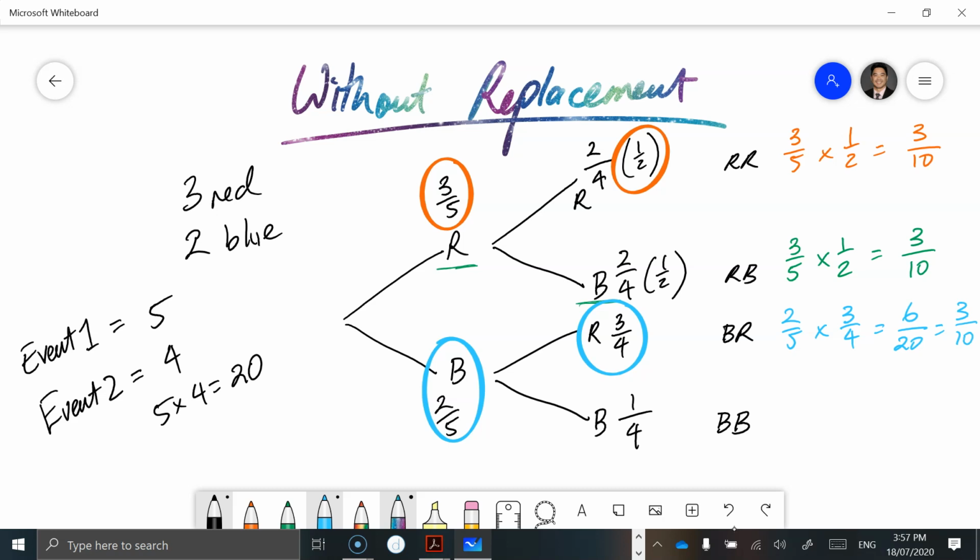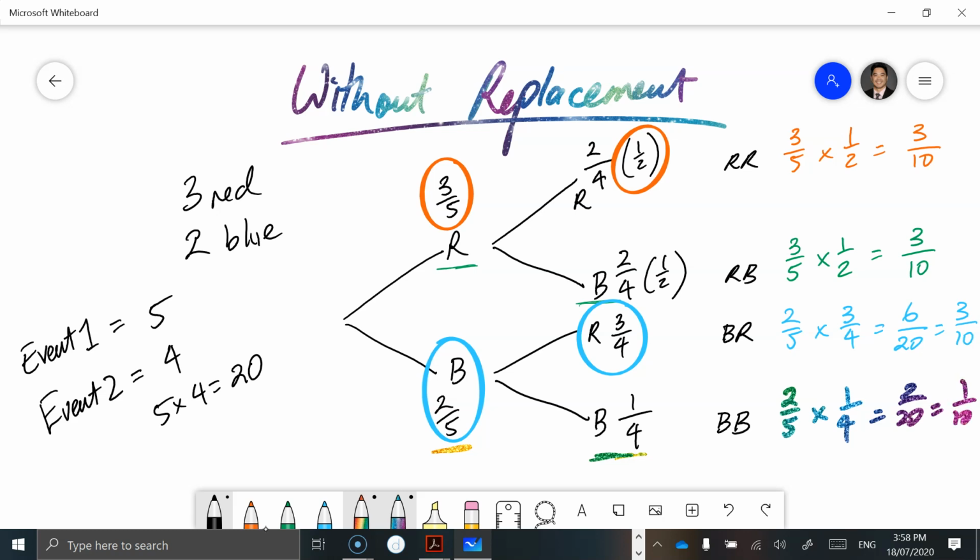We simplify the chances, 30% chance. And then lastly, if we want a blue and then another blue, we're looking at 2 over 5 times a quarter, which is then 2 over 20, which is 1/10.